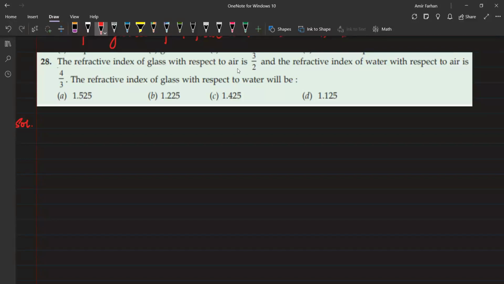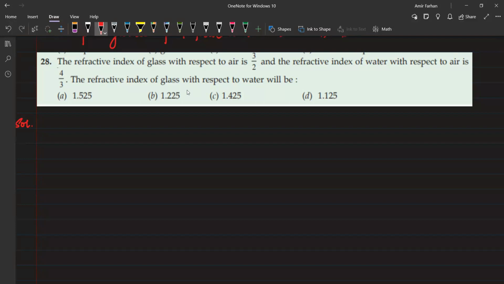With respect to air, we are taking the reference medium as air, so obviously this will be absolute. I've told you that in the refraction part, two media are involved, and if one of them is air, that will be considered as the refractive index or absolute refractive index. Clear?